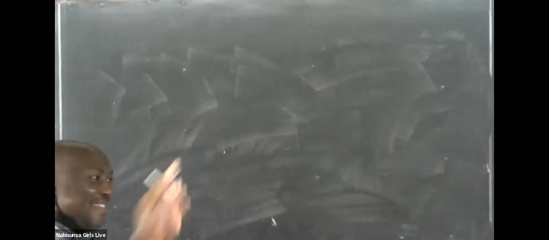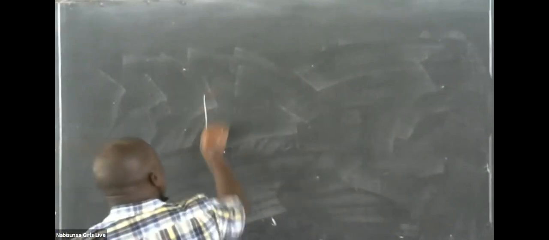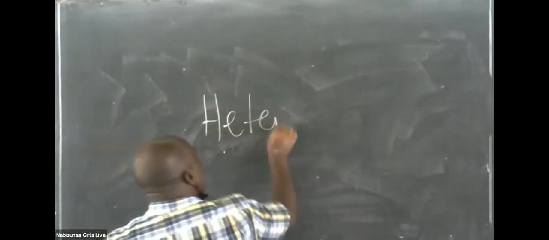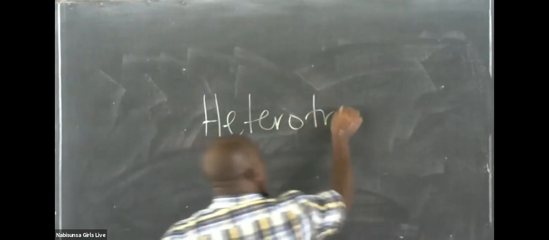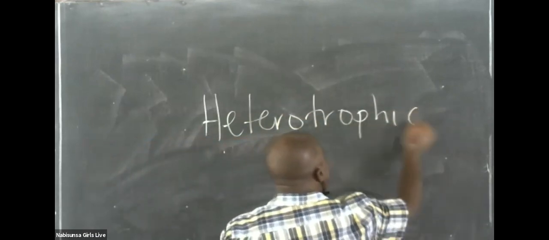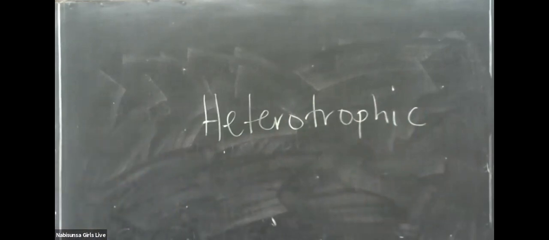They cannot make their own food, but they depend on the food which has been made by other organisms in the environment. And that is what we call heterotrophic nutrition.